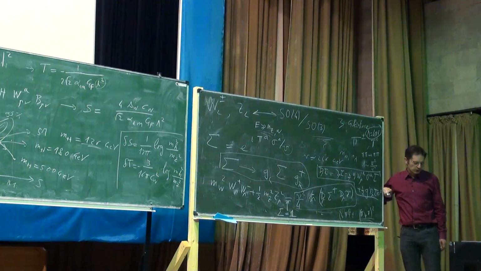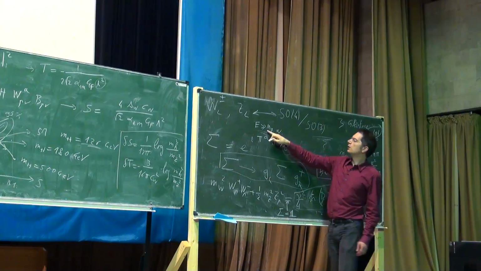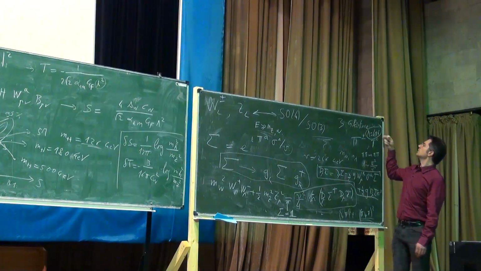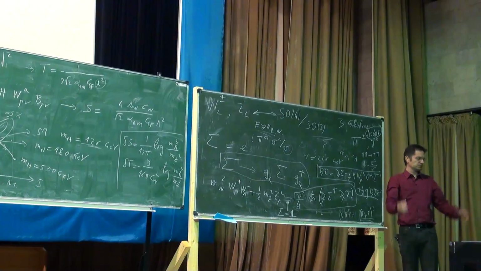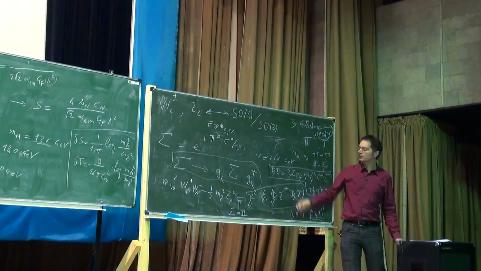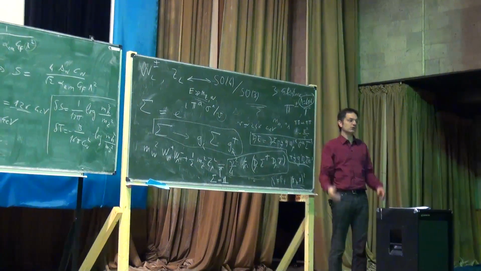So it's a description of those longitudinal polarizations which is valid at energies above the mass of the W and the Z, up to an energy which is 4 pi times v. So it's a small window where you can really look at the physics of this object and try to infer what the real physics would be.